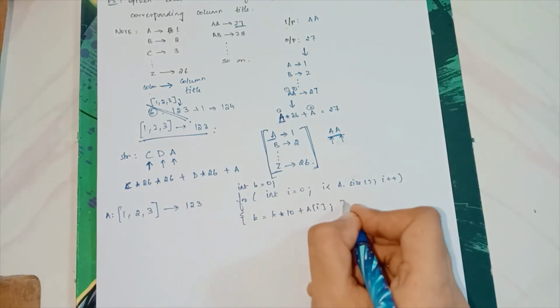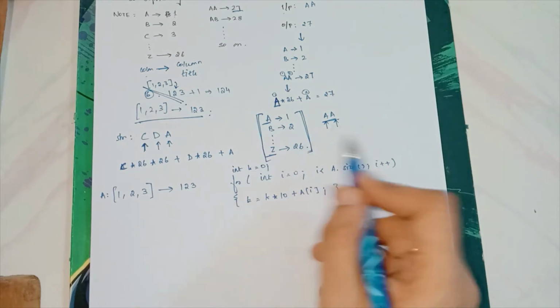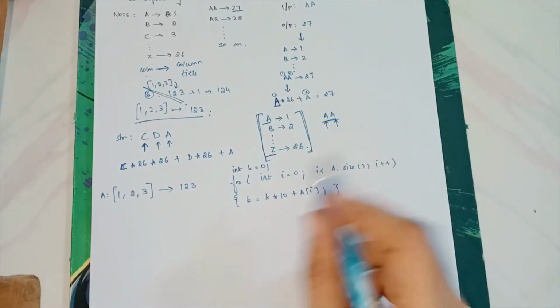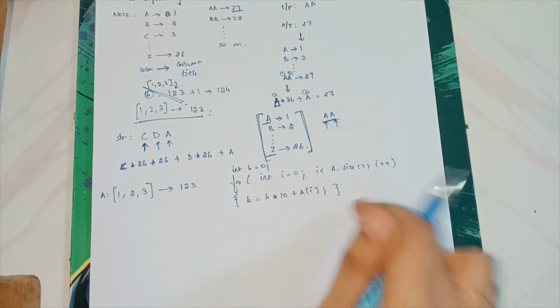This is what we did. If you don't know this, I request you to go back and look into the previous questions so that you get a better idea of it. I'm not going to explain this further.